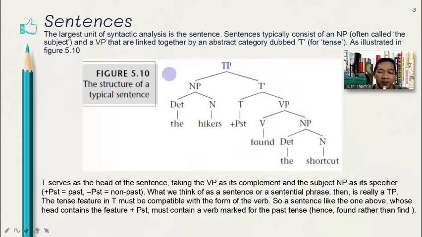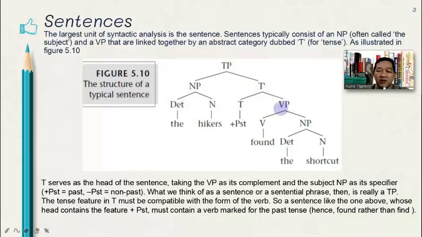Well, this is the syntactic tree diagram analysis of the sentence, into past situation. TP, tense phrase, is divided into a specifier, the noun phrase, consisting of a determiner and a noun, and then T as a head, divided into T and VP.